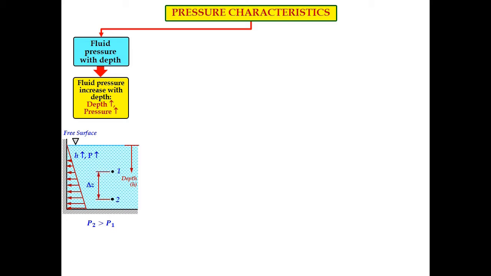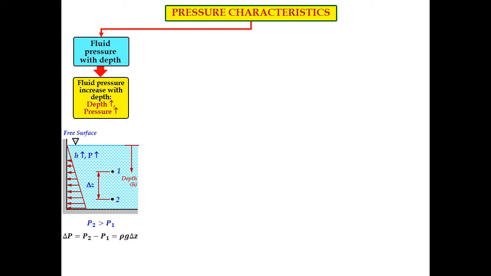So let's say we have the depth difference represented by delta Z. We will have this relationship for the pressure difference, where delta P equals P2 minus P1. We need to put the higher pressure first minus the lower pressure, and this will be equal to rho, the density of the liquid or water, multiplied by gravitational acceleration g.